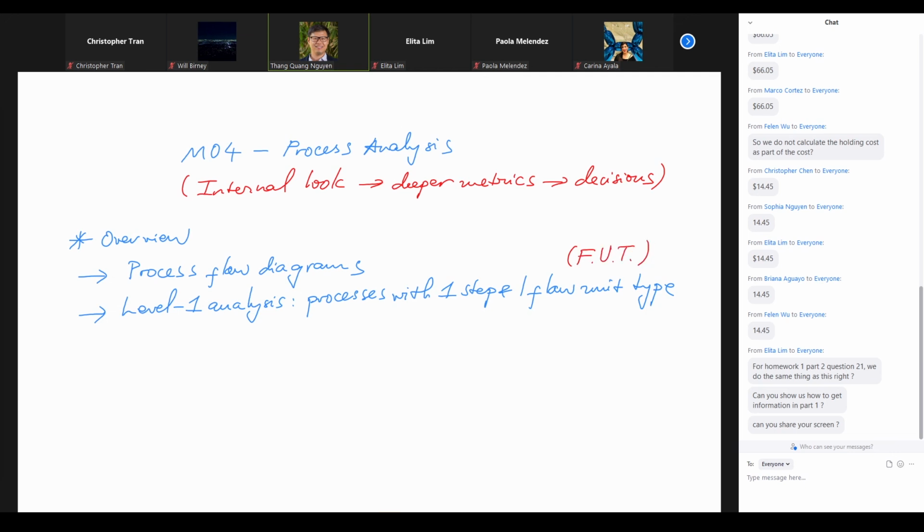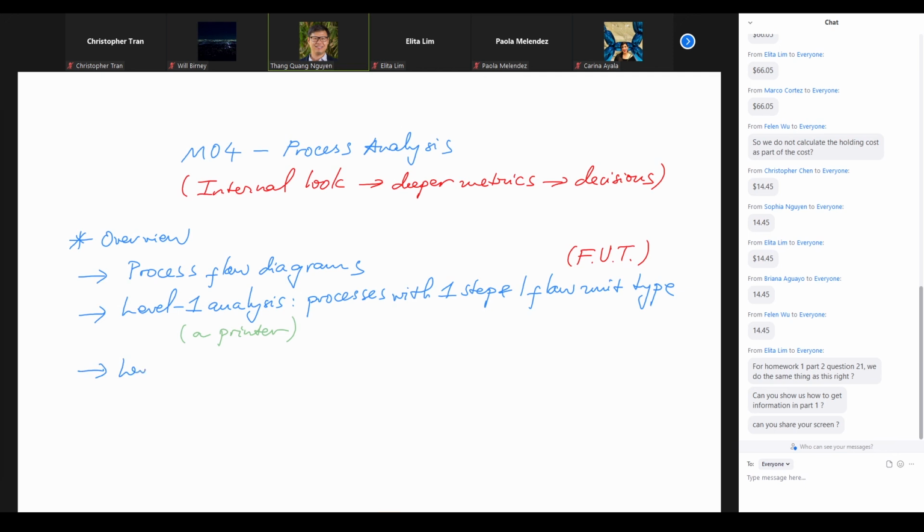So this is a very simple process, like a printer. We just feed the paper in and then we get the prints out, right? Only one step through and only one flow unit type through.